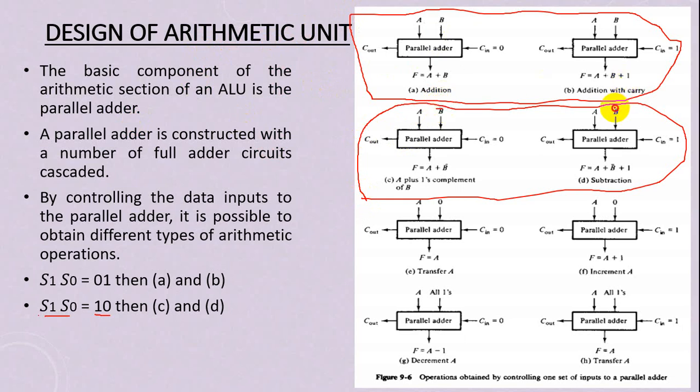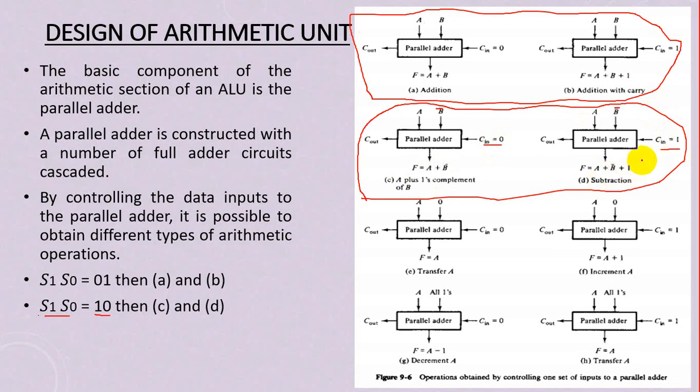We invert the input B. By inverting input B, what do we get? When carry in equals 0, we get A plus B bar, that means A plus 1's complement of B. And when the carry in equals 1, we get A plus B bar plus 1.